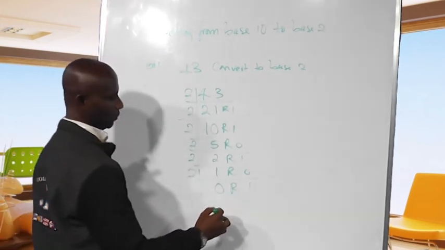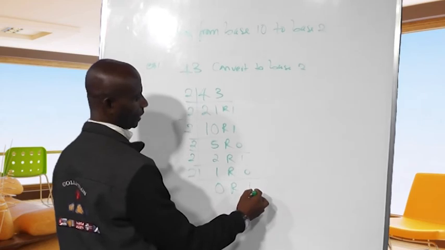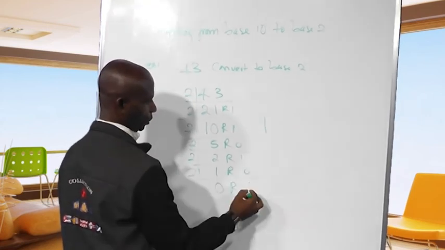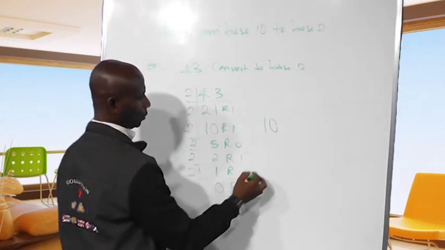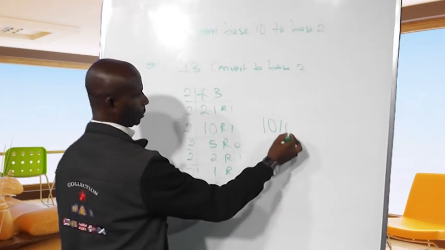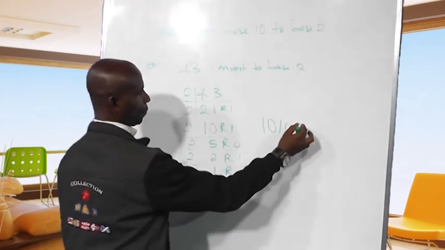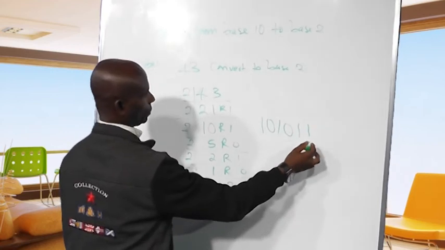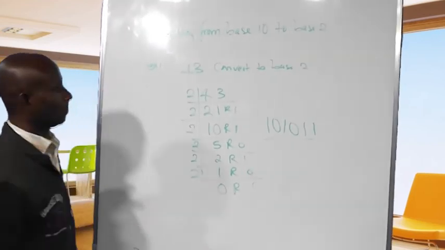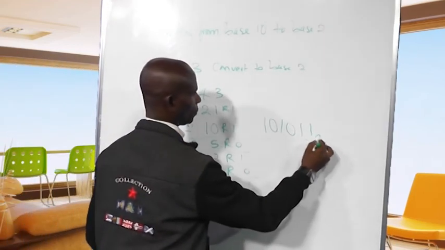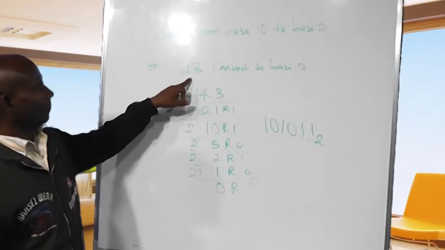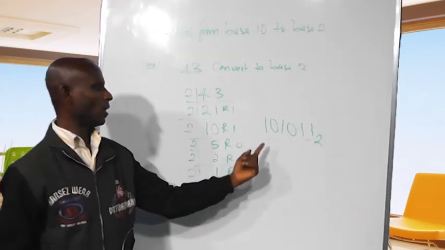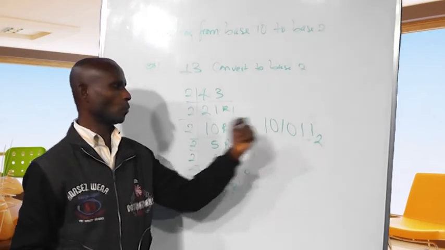You write the remainder from the bottom. So our answer here will be, from the bottom we have 1, this 1, 0, 1, 0, 1, and 1. This is base 2. 43, when you convert it to base 2, you are going to have 1 0 1 0 1 1.